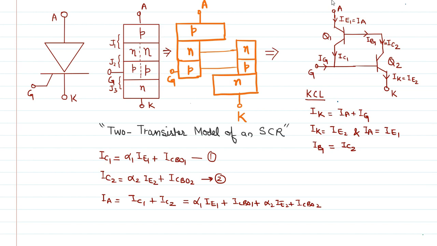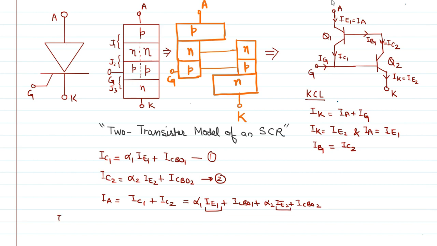Here we can rearrange and replace IE1 by IA and IE2 by IK, and then further put the value of IK as IA plus IG.